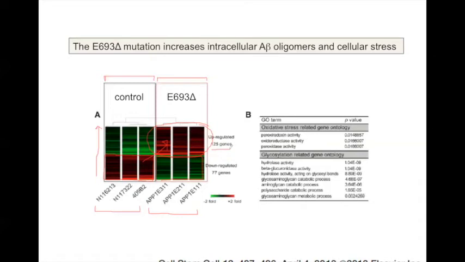So these cells are in cellular stress. And if you remember, they were also full of the A-beta peptide. So it's entirely possible then that this mutation causes an accumulation of intracellular protein, A-beta. This A-beta protein causes cellular stress, as seen by this gene expression study here.